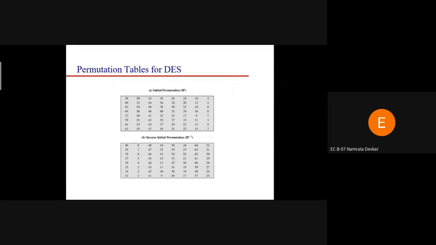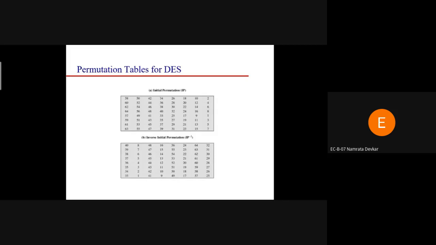By using various swappings, we can fix the location of a particular bit. It is the standard permutation table for the Data Encryption Standard. Figure A shows the initial permutation, and the second table shows the inverse initial permutation.